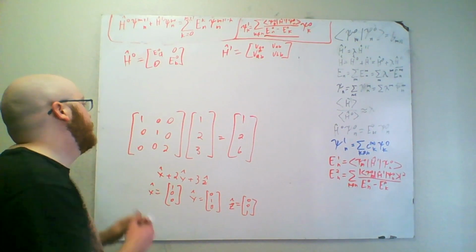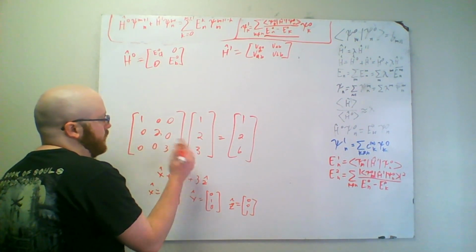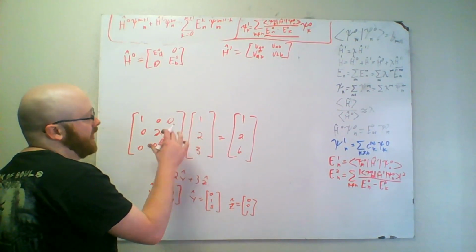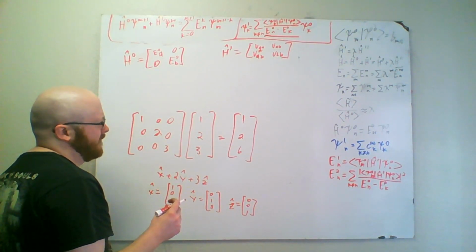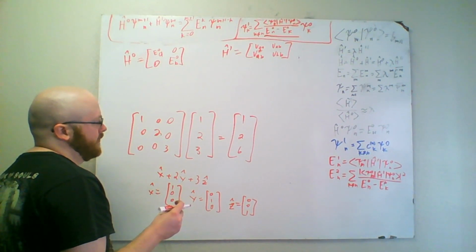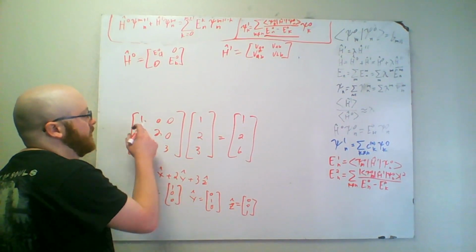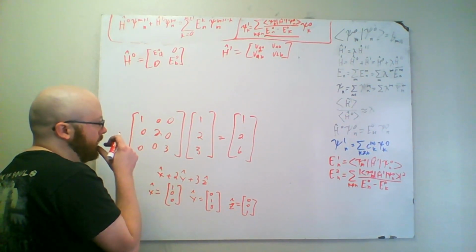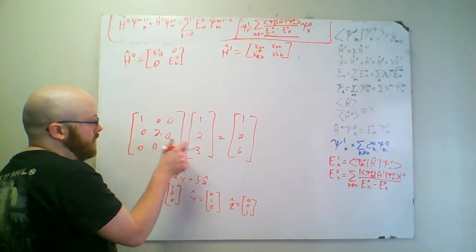This is degenerate, so it's not good, but let's do 2, 3. In this case, it scales twice this and that in the y direction. The eigenvectors are 1, 2, and 3, so this becomes negative 1, 0, 1, times this.